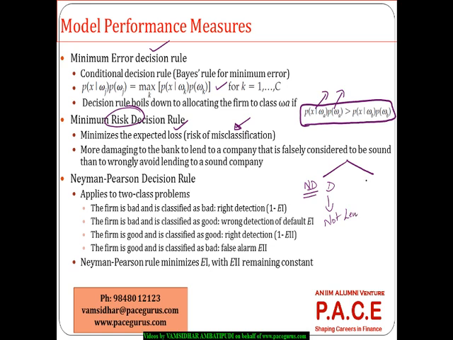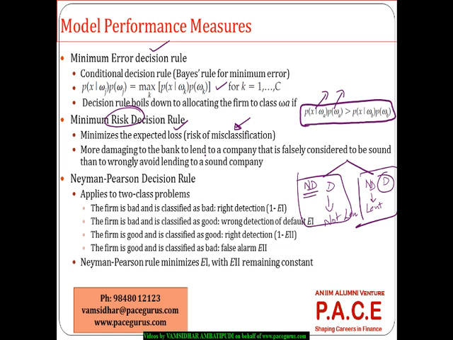Or a person whom your model said will not default, but he has defaulted. Because your model said so, you lent to him and he defaulted. This is a severe loss to the bank. The first may not be a big loss; you have not given the loan and did not lose anything bigger. But on the other one, you have lost much more.